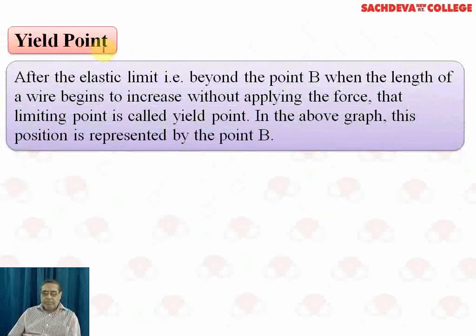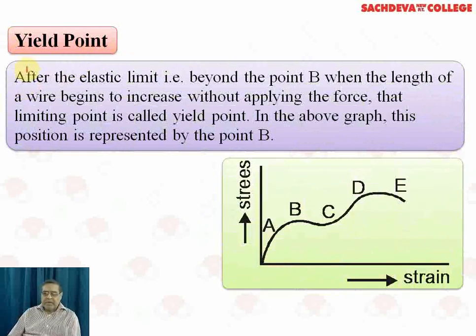B represents the yield point. Between A and B we keep applying force and the wire is yielding.